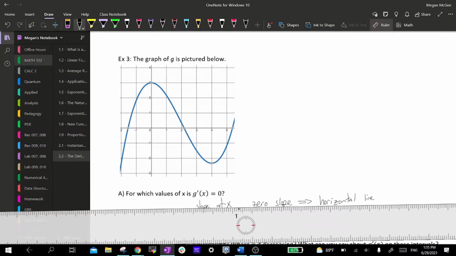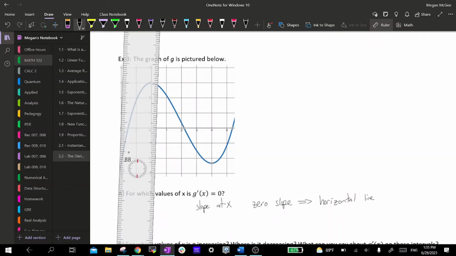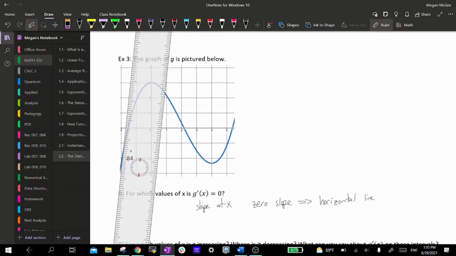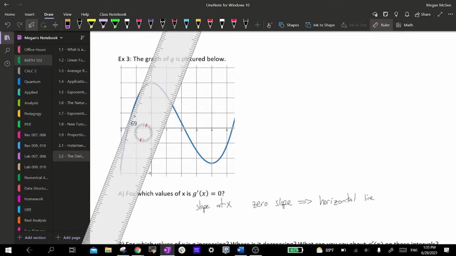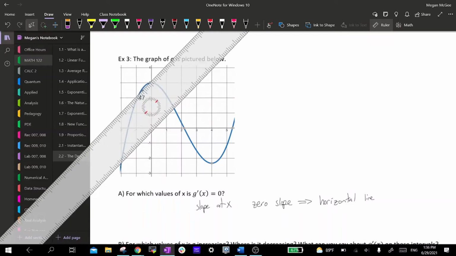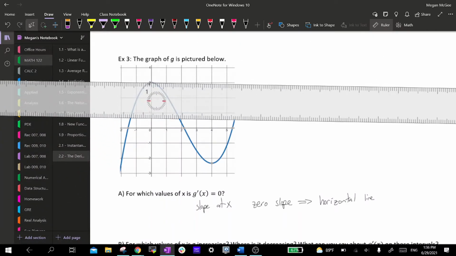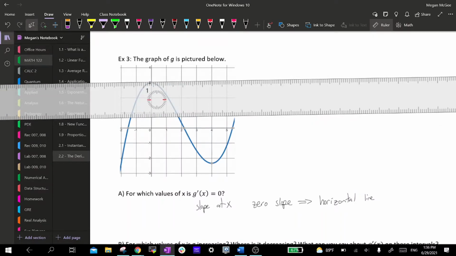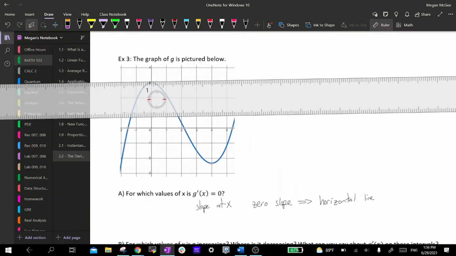So let's go ahead and break out my ruler again. And we're just going to follow the function and see what happens. All right, so we're going up. Over here, no horizontal line yet. And it looks like at our very top point here, if I could get my ruler to be super straight, it's going to fight with me between 0 and 1.